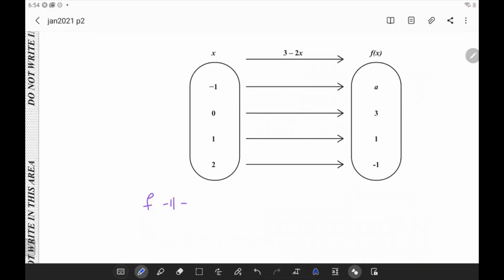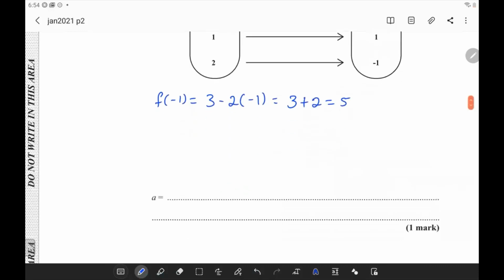So f of -1 will be 3 minus 2 times -1, which is equal to 3 plus 2, which is equal to 5. So that means a is equal to 5.